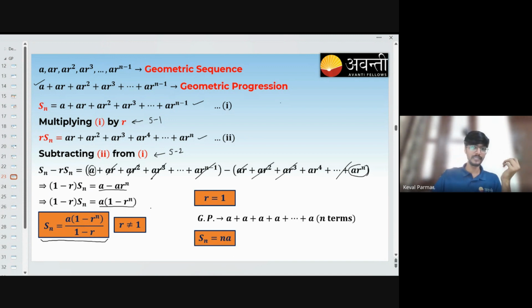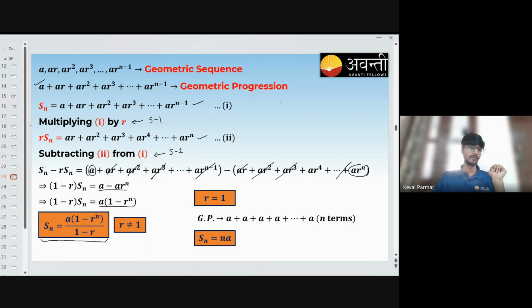And if suppose r equals 1, then my GP will become a plus a plus a plus a, n times. So common sense, guys: अगर कोई number को n times add करो, it is as good as multiplying the number by n. So that means a को n times add करने से better है, I'll write n into a.